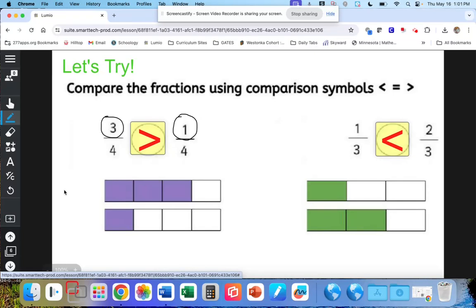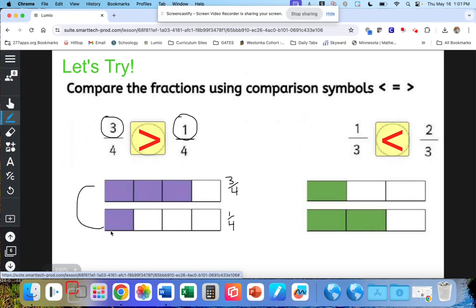Now, we could always draw a picture, just like seen right here, where we have our 2 fractions drawn. We have a 3/4 and we have a 1/4. Now, if you are going to be drawing out the pictures, one key tip to keep in mind is your whole shape needs to be the same size.